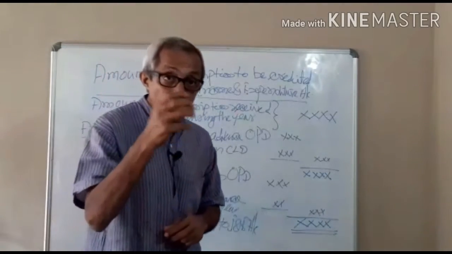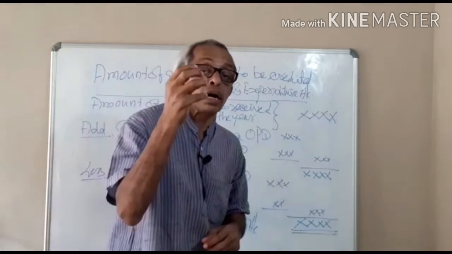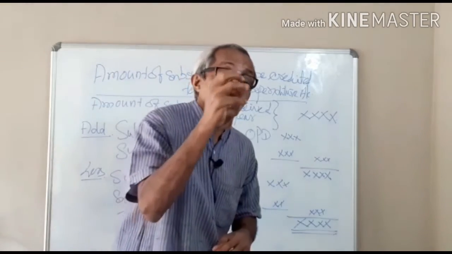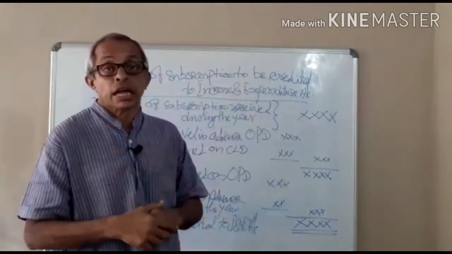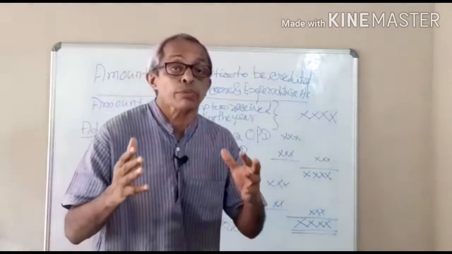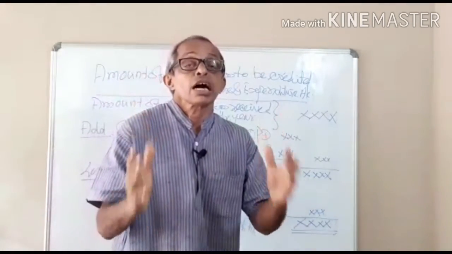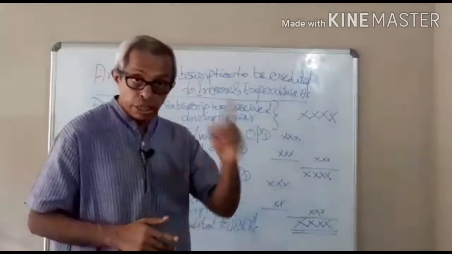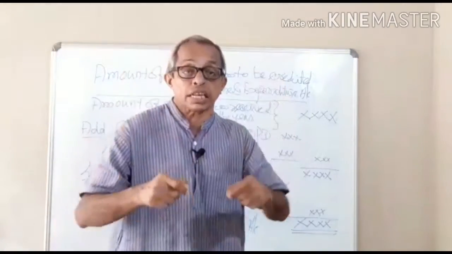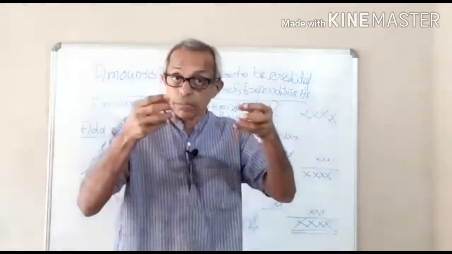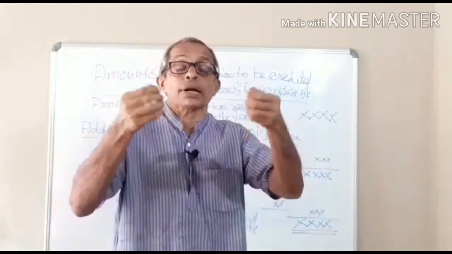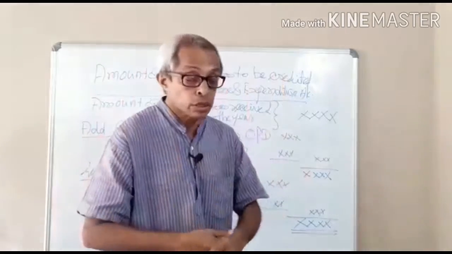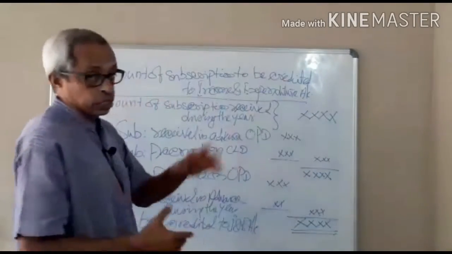That means if that subscription accrued on the closing date of the previous year is received during the year, that amount does not belong to the current year's subscription. Therefore, the accrued amount received, that is the opening date accrued balance of subscription, should be deducted.